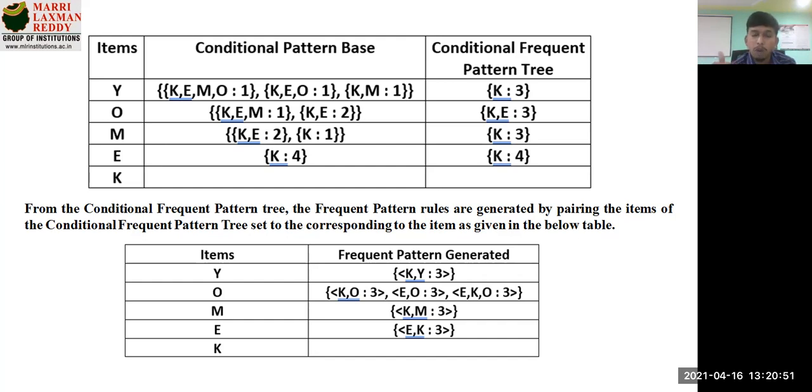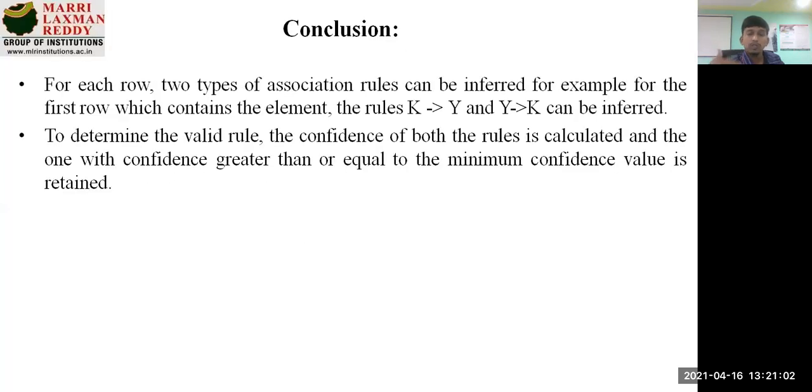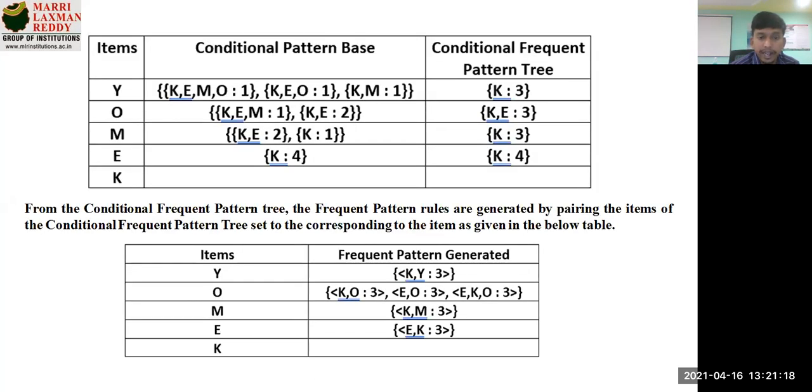Likewise, I can see the combination up to 6 elements. So for all these transactions, we will be generating association rules accordingly. That's how we generate association rules. And if you want to understand which rules are better and which rules are not better, we need to again have confidence values also. That's how we are done with steps 6, 7, 8 of your FP tree.